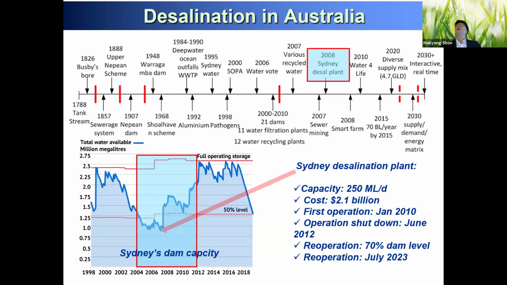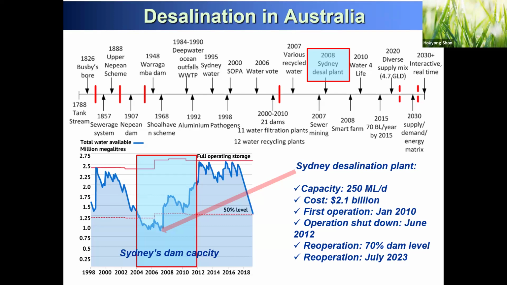And when we had another reoperation of the desalination plant in Sydney, you can see the dam level of Sydney capacity. So this is the 50% dam level in Warragamba Dam. When you have less than 50%, we have a very severe drought.